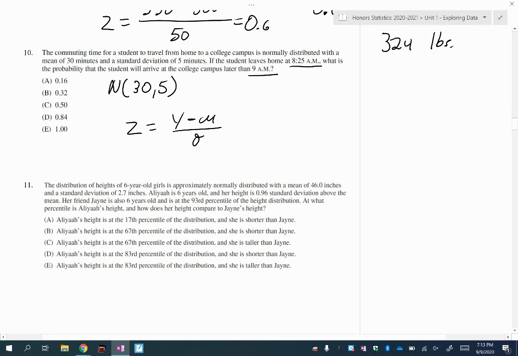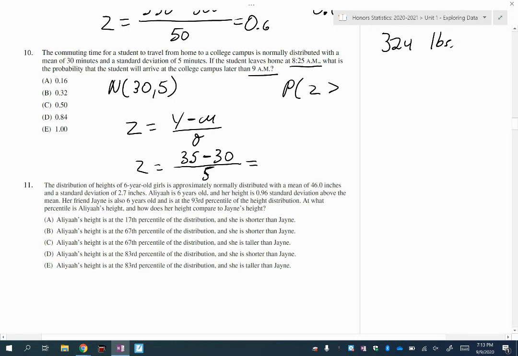Later than 9 means the probability that our z-score is greater than, before I standardize it, 35 minutes, since 8:25 to 9 o'clock is 35 minutes. So when I standardize this, I'm going to use 35 as my data value.